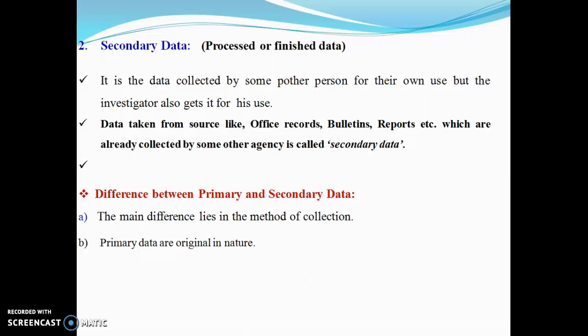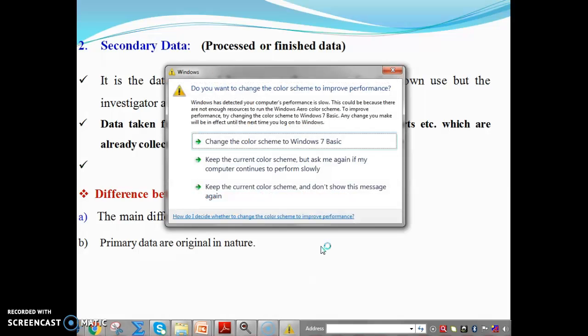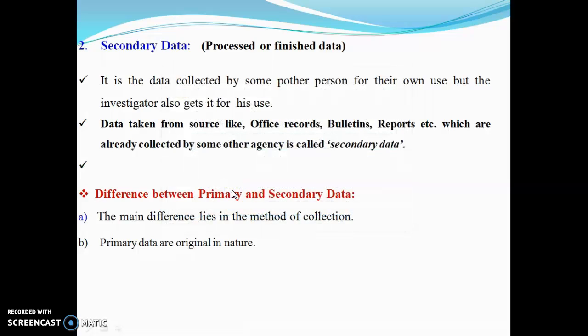The data which are already collected may be in tabulated form, classified, ordered. Hence, it is called processed data or finished data. Thus, the secondary data can also be called finished data, finished product.